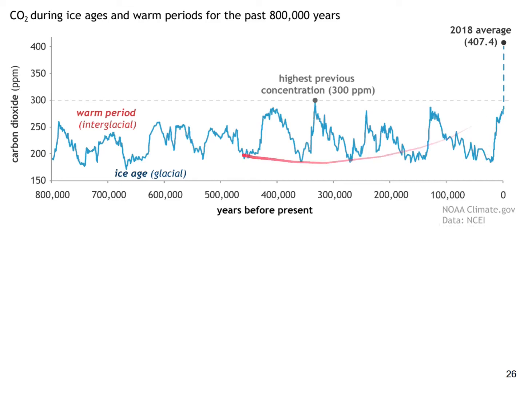CO2 has gone up between about 180 and 280 parts per million, and CO2 now is up over 400 parts per million. There have never been humans alive on Earth at a time when the CO2 was this high. The last time CO2 levels were this high, humans had not evolved yet.